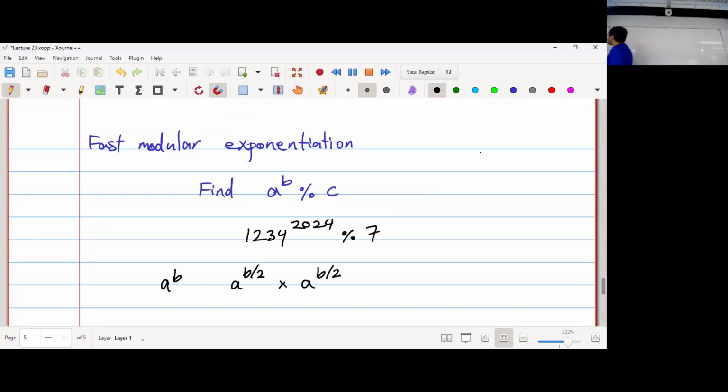But instead of calculating A to the power of B over 2, I can just calculate its remainder modulo C. So I can always keep working with numbers that are between 0 and C minus 1. I never have to work with large numbers. And in general, my algorithm would look something like this.